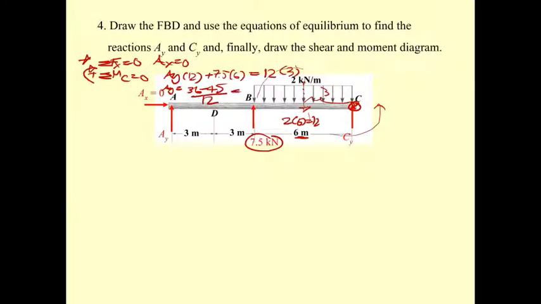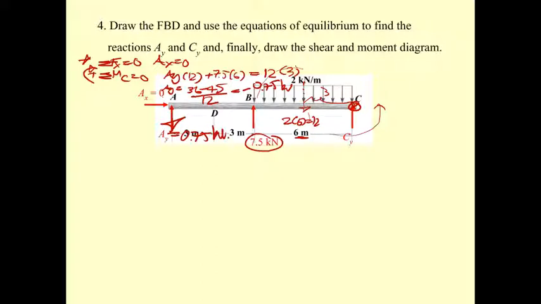So you get this going to be minus of what? Minus of 9 divided by 12. Okay, that is going to be minus 0.75 kilonewton. So the A sub y is not in this direction. The A sub y is going to be in the opposite direction, and is equal to 0.75.